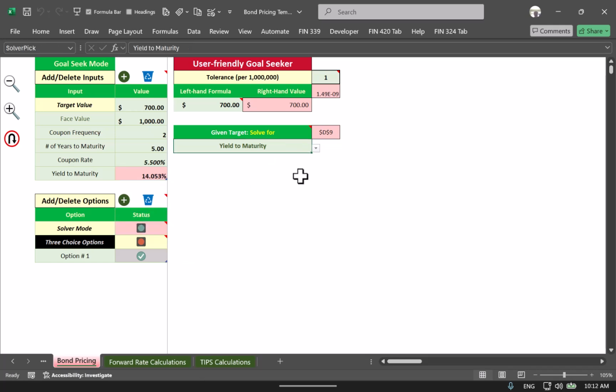Make sure that your unknown is the yield to maturity. Put in your target value. If the bond value went up to 900, what happened to the yield to maturity? It obviously goes down. Remember, bond prices and yields are inversely related.